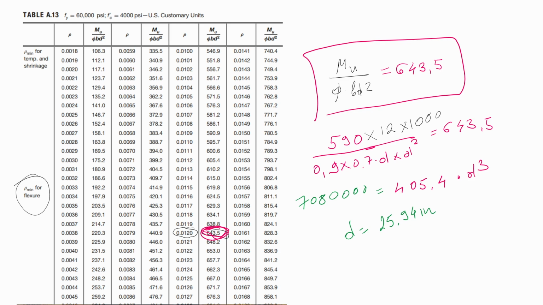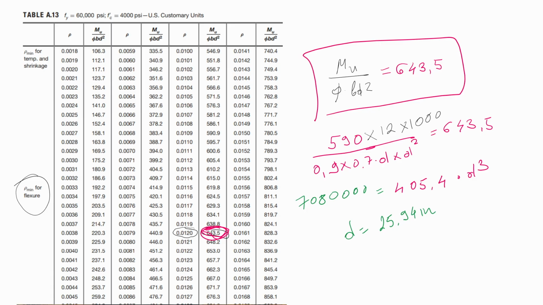So we have already determined how much is external moment. It's 590. We need to multiply with 12 to get kip inch, and to multiply with 1000 to get pound inch moment, over 0.9, which we are assuming that tension controls in this case, and we have b d square. In our case for b, we are using approximately 0.7 times d.